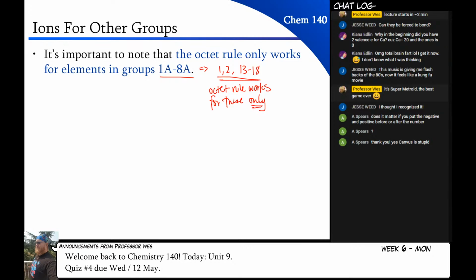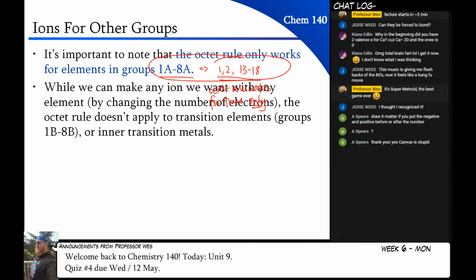And the basic pattern is the number of valence electrons is the ones digit of the groups, but only of these groups. So what does that mean? You can make any ion you want to. I could remove 4 electrons from, say, titanium. But in doing so, I won't land on an octet.